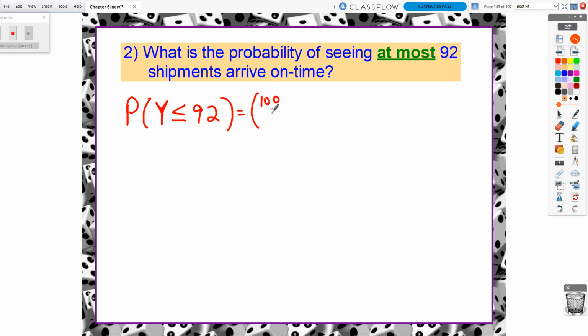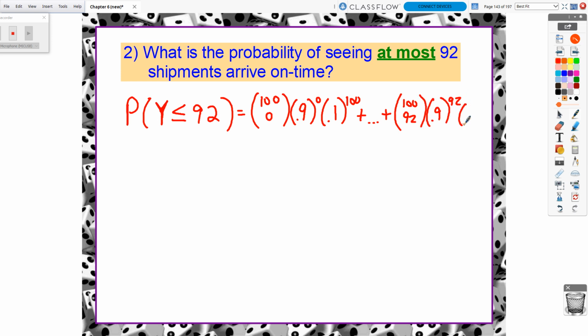Out of 100 shipments, we don't want to see any of them arrive on time: 0.9 to the 0th, 0.1 to the 100th, and then we could go all the way up, and we would stop at the 92nd scenario. So out of 100 trials, we want 92 successes times 0.9 to the 92nd power times 0.1, and then we have 8 left over.